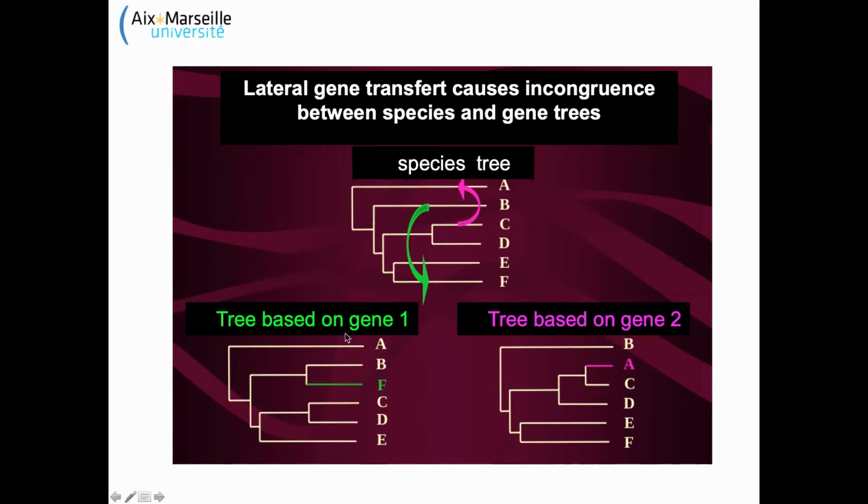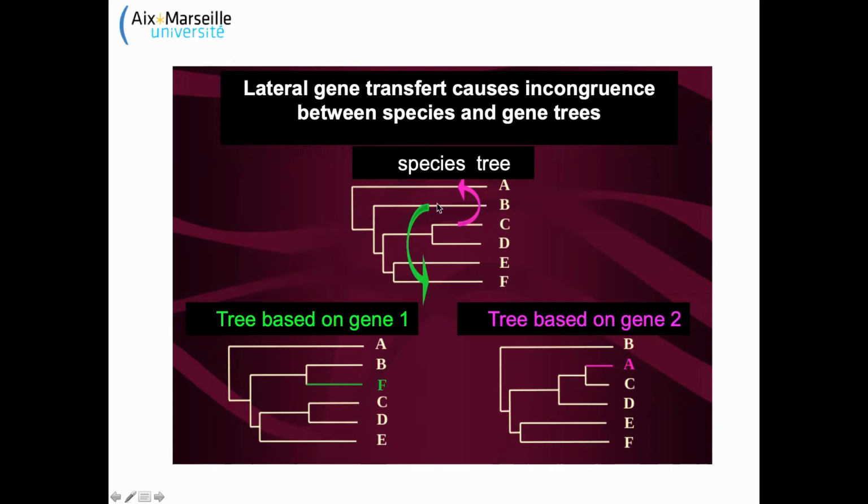But as you can see here, the gene tree is different from the species tree. In particular, in these branches, B has the same ancestor as F; they share a common node here.